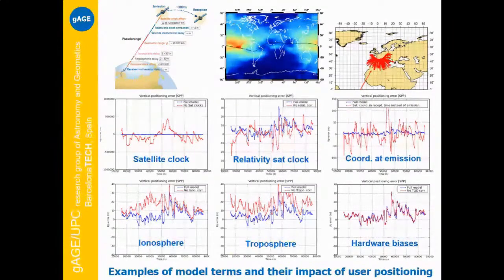All of these plots illustrate the effect of taking into account or not taking into account these model terms in the user positioning. And we can see that the impact on the estimated coordinates of using or not using these models is very, very important.